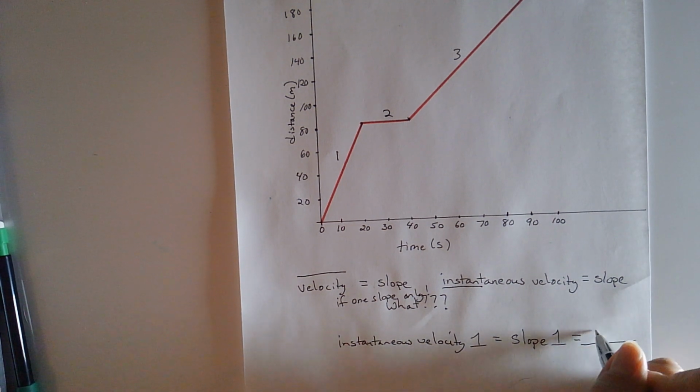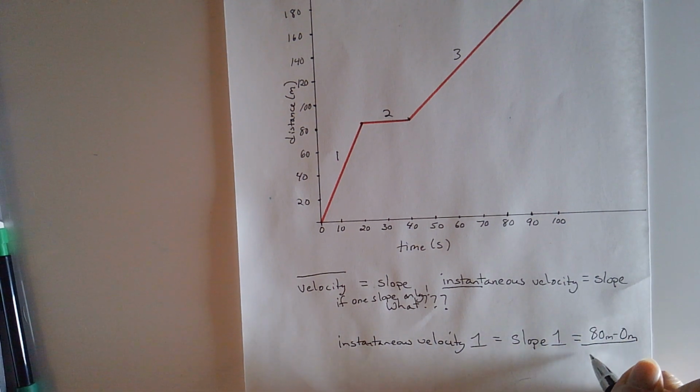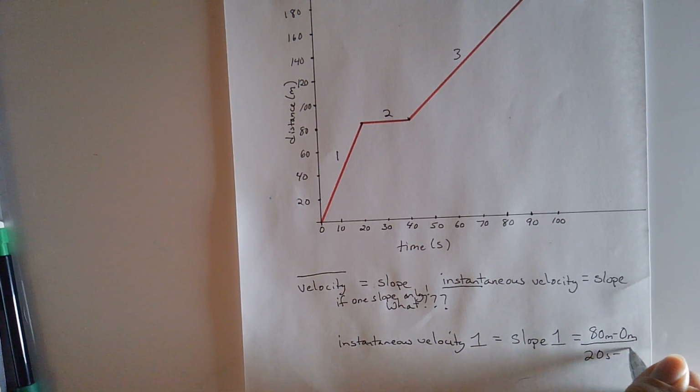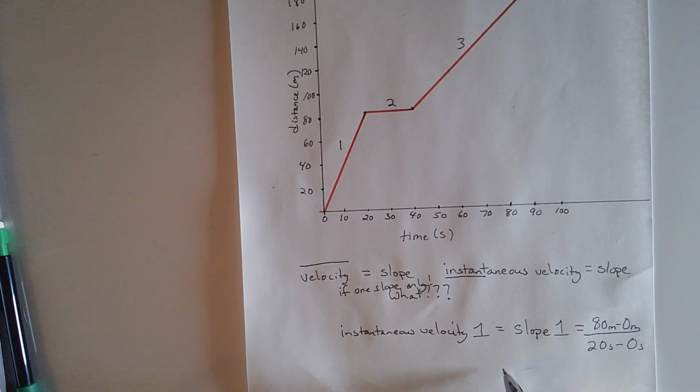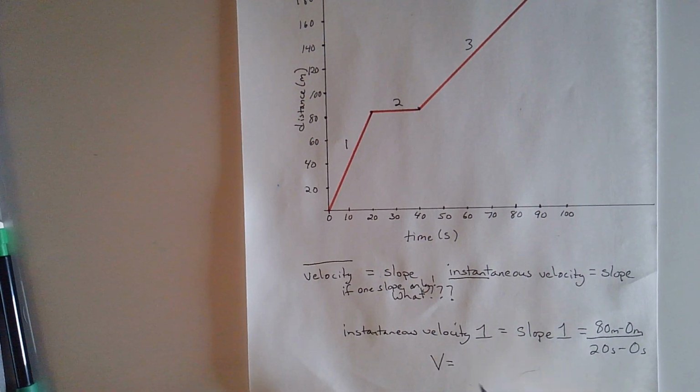We're going to do 80 meters minus 0 meters over 20 seconds minus 0 seconds. Cool. So 80 divided by 20, I think we can all agree that the instantaneous velocity, or v, for that given period is 4 meters per second. Specifically, it's a positive 4 meters per second. Okay? Not hard. We just separate it into a little segment.